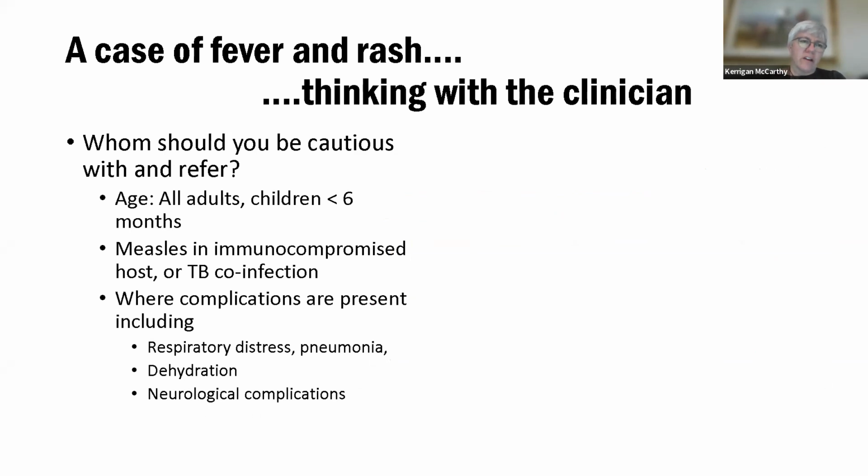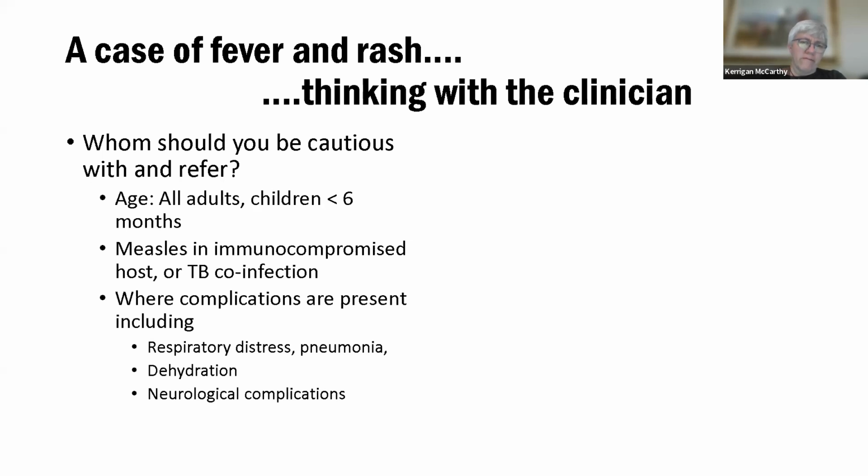Adults generally have a worse subjective course of measles and are at risk for the development of pneumonia, although not all adults. And children under the age of 6 months, and I would say children under the age of a year, one should watch.